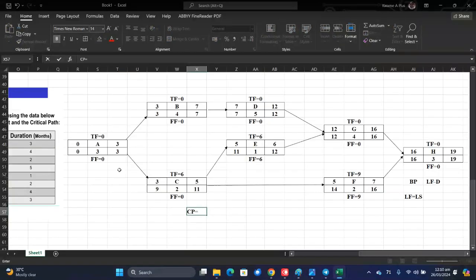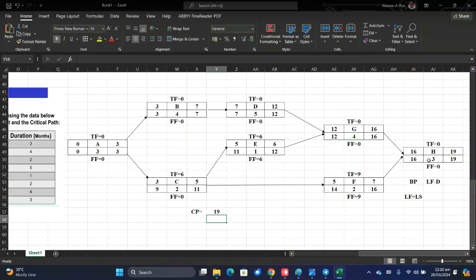If I calculate the duration, 3 plus 4 plus 5 plus 4 plus 3 is giving us 19. So let's look at the second path.